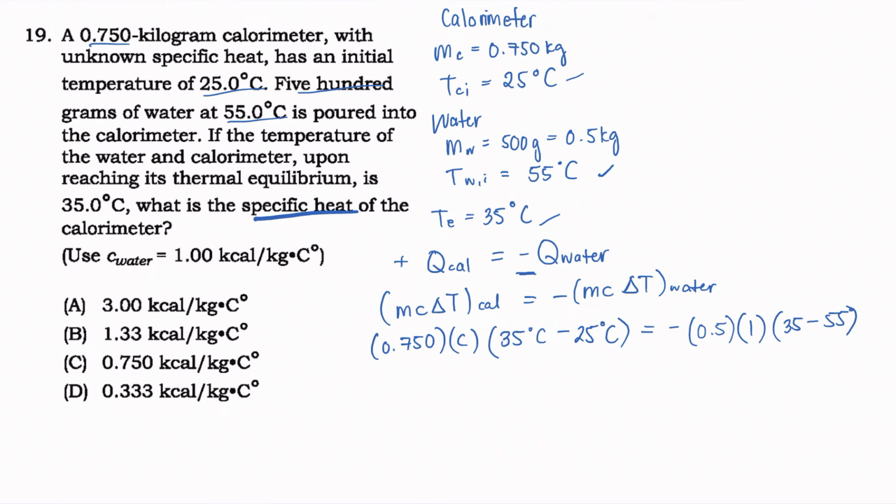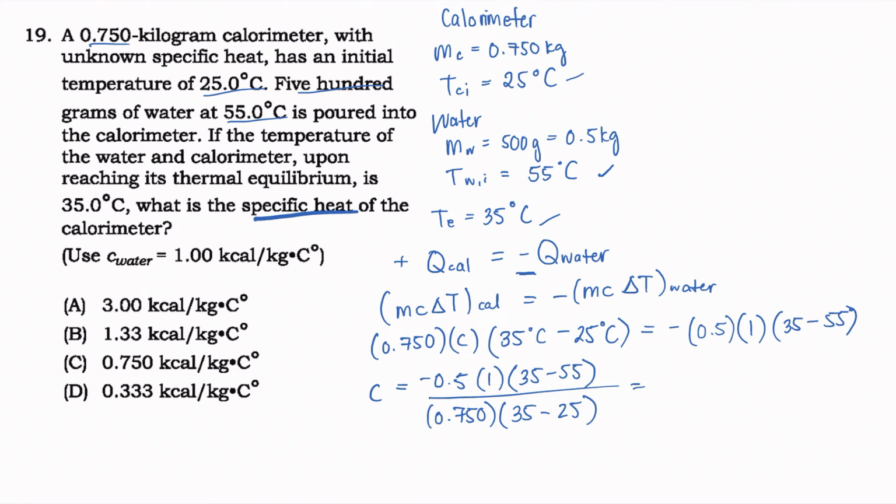Okay, so pwede na natin makuha yung specific heat. C is equal to negative 0.5 times 1 times 35 minus 55 all over 0.750 times 35 minus 25.